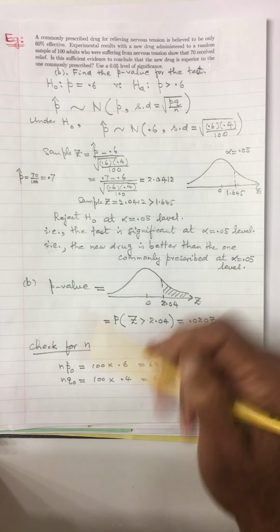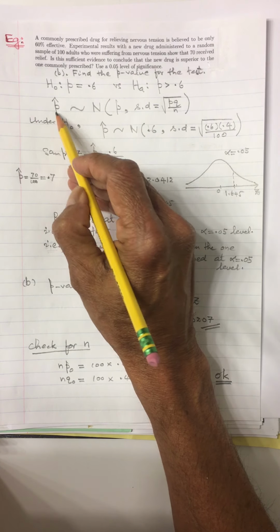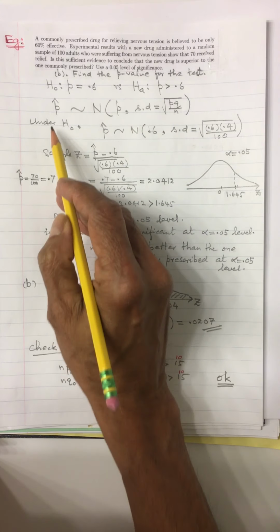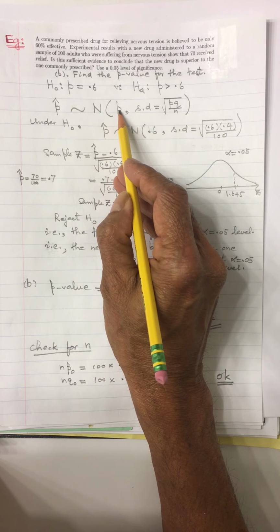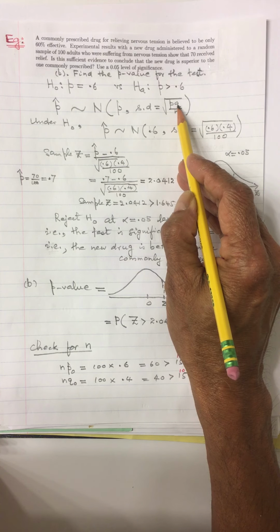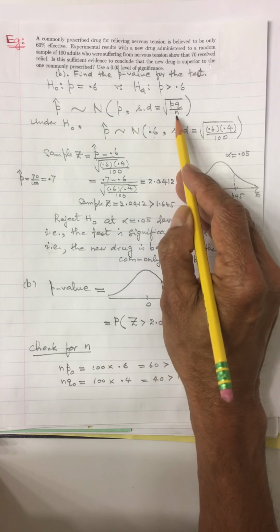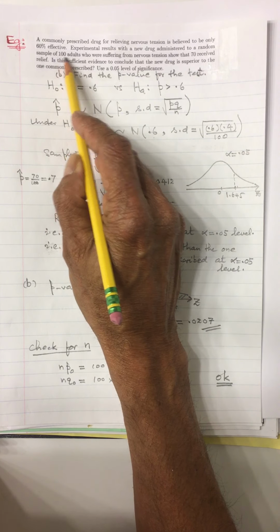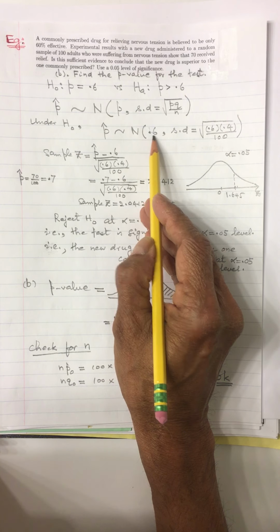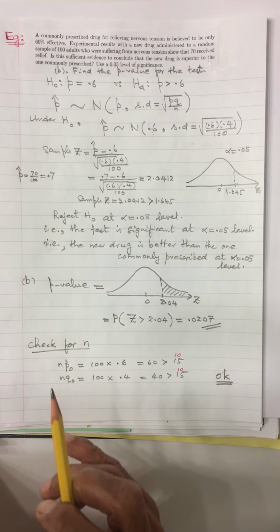For large n, assuming this n is large, we can check at the end whether n is large, the sample proportion will follow a normal distribution. Under H naught, p is 0.6, q is 1 minus p, which is 0.4, and n equals 100. So the sample z is this minus that, divided by that.